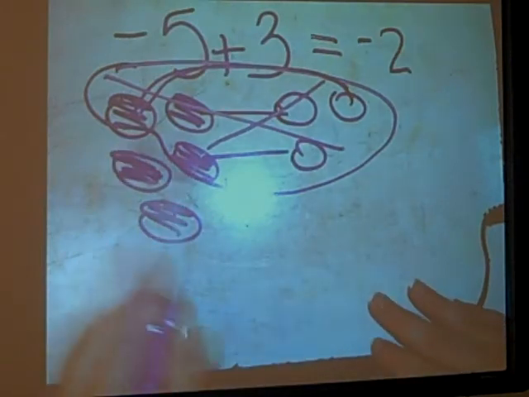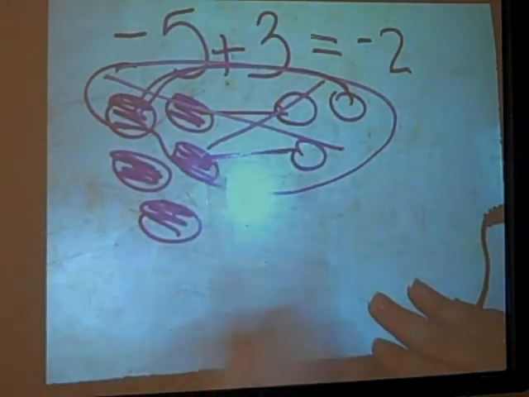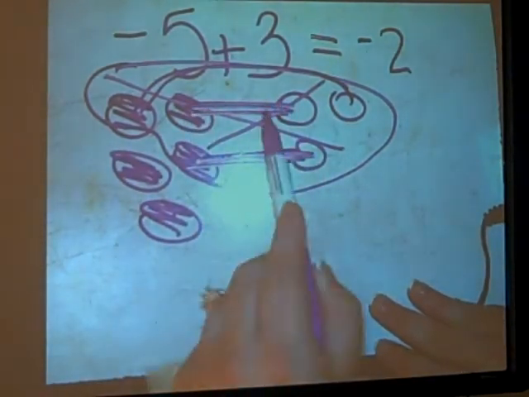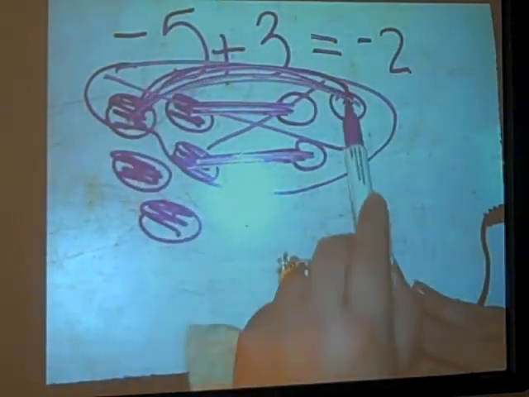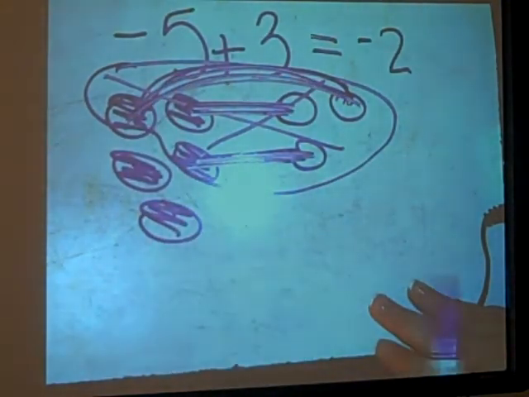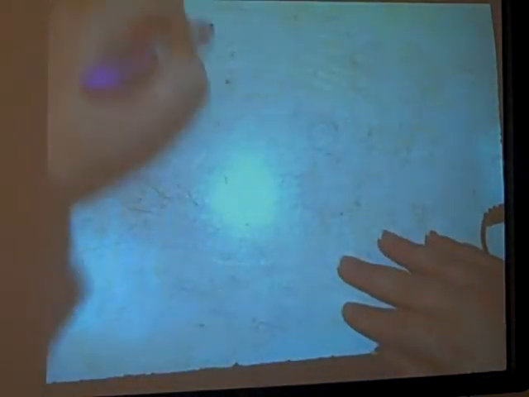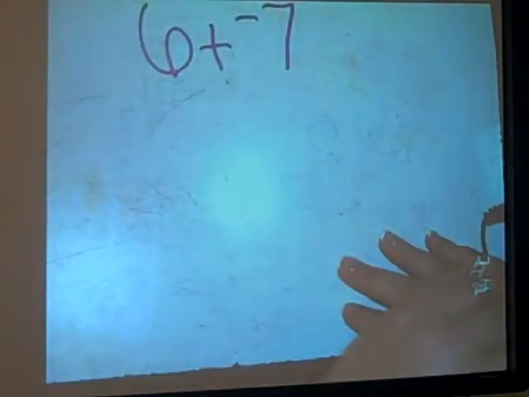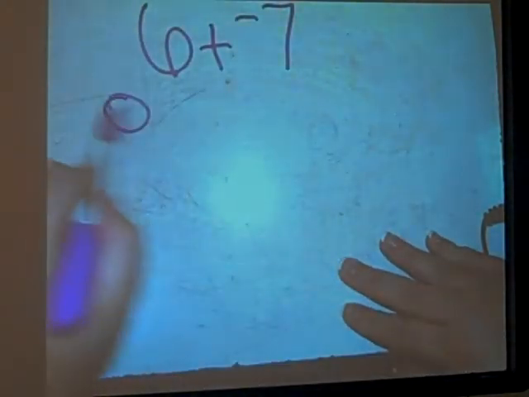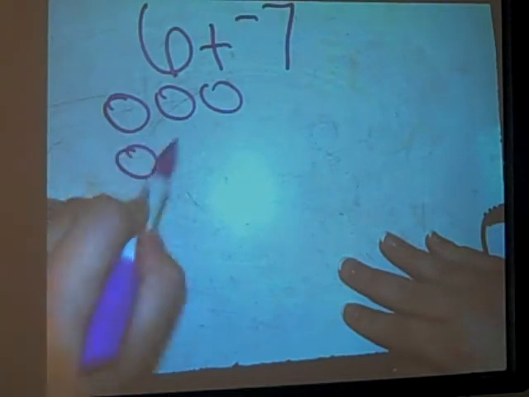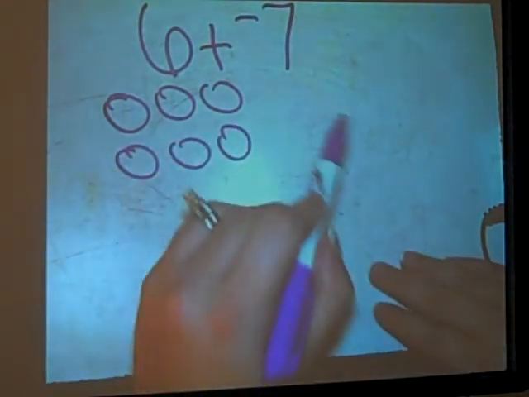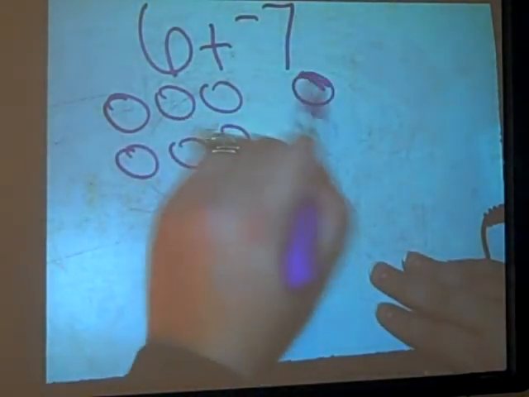So again, we had negative 5, we had positive 3, we created 0 pairs, we took those away, and we wanted what remained. So let's look at the second one that you had. That was 6 plus negative 7. So draw out our first number, 1, 2, 3, 4, 5, 6. Draw out the second, which are negative, so they're going to be shaded in.